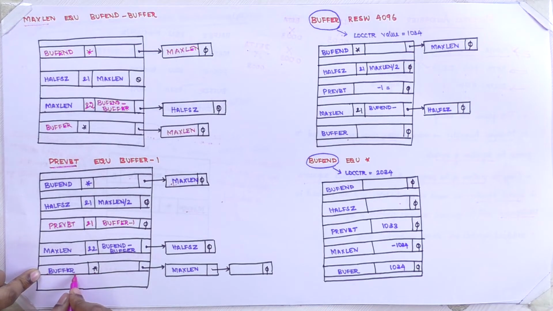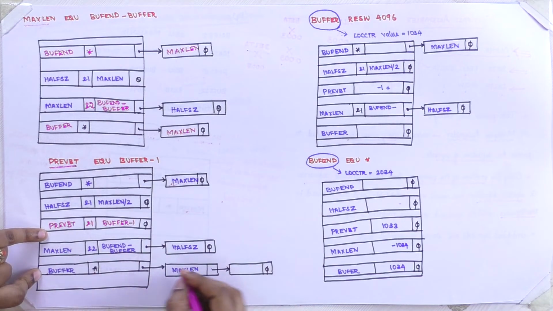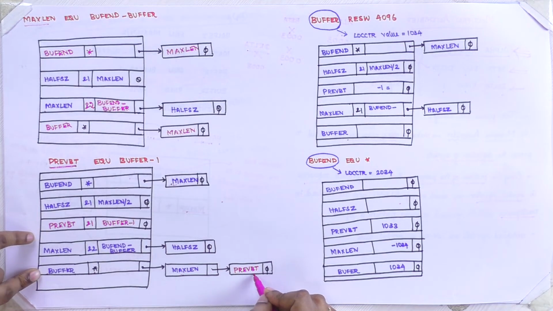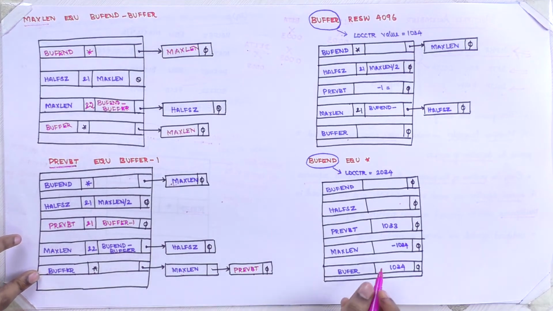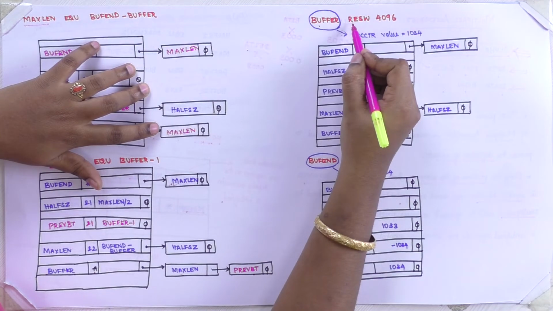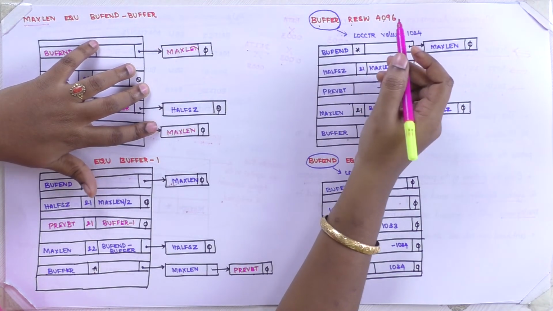So the value of BUFFER is needed now for the PREVBT label also. So you have to mention that label in the linked list. So when the value of BUFFER is known, it has to be given to two symbols, MAXLEN as well as PREVBT.